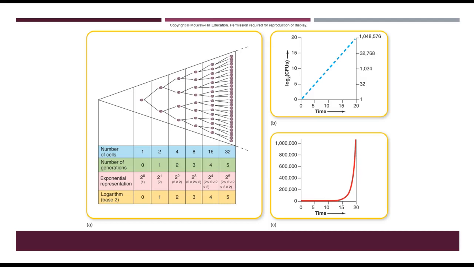We can show these different values exponentially. We can also display them logarithmically, and that's going to be important when we talk about log phase. Log phase is growth phase, and this corresponds to the graph in image B.